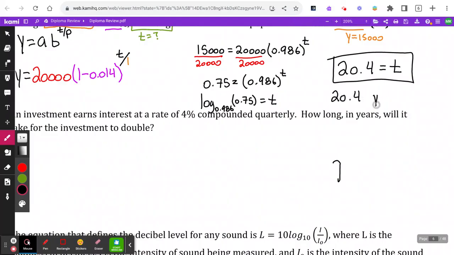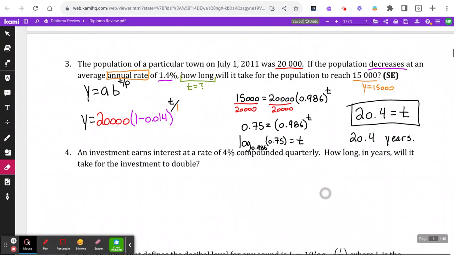So if they wanted an exact year, would you round up? If they said in what year, that would be the year. Yeah, see how it says July 1st? That's why I wouldn't ask you in what year. Because then you get into that messy situation of has it turned over into 2030, whatever. 0.4 of a year is not 6 months.